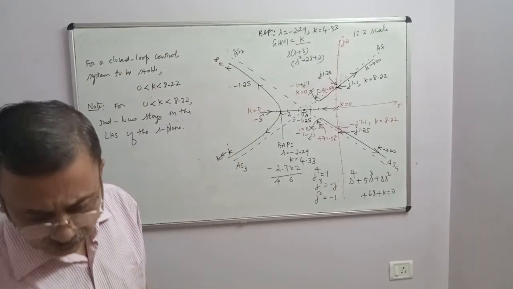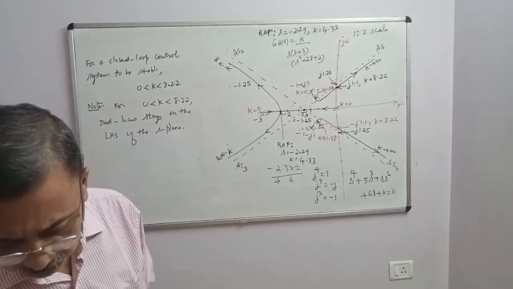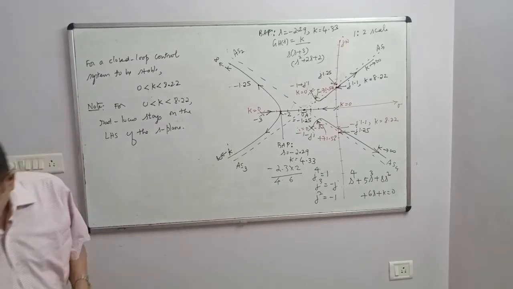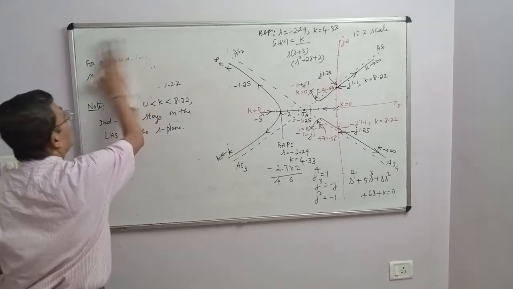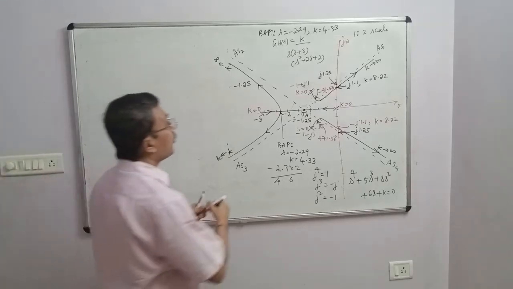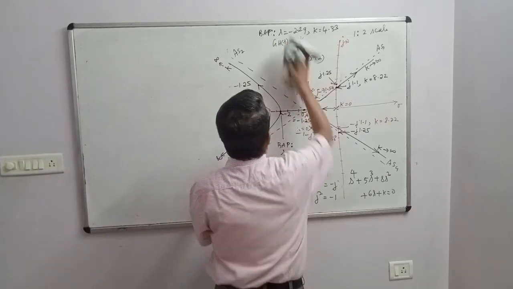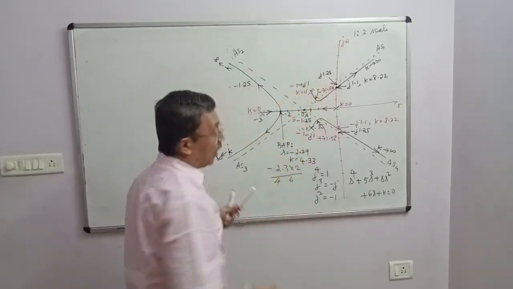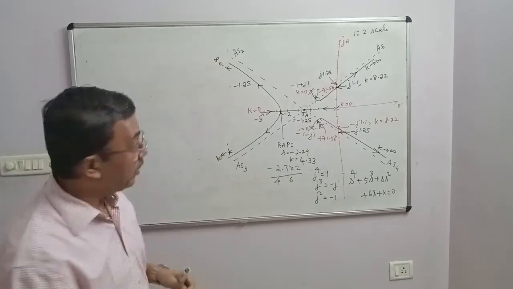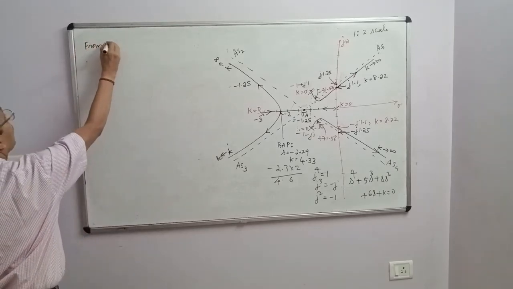Next we have to find the value of k for a damping ratio equal to 0.5. So this is a graphical procedure. What we'll do is, from the origin we'll draw a line making an angle equal to 60 degrees. How did we get theta? Please see the procedure.